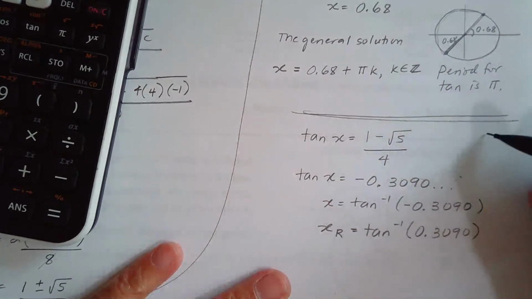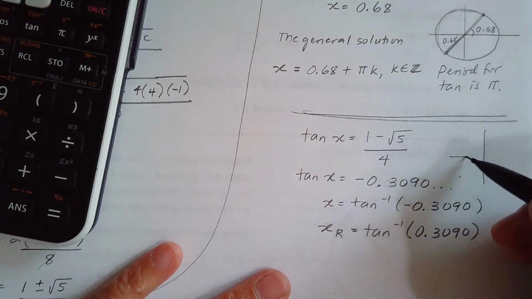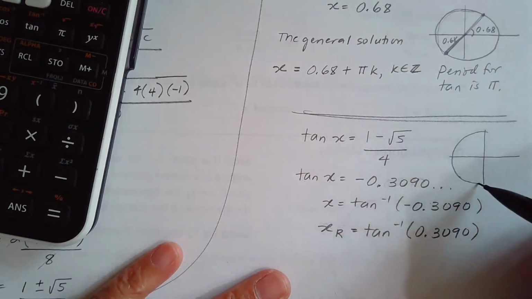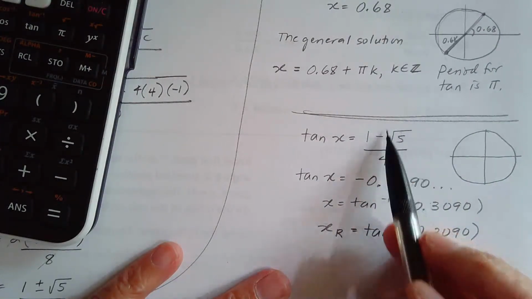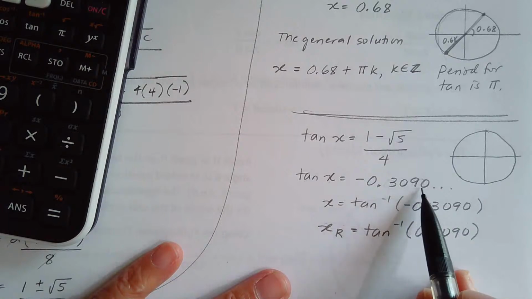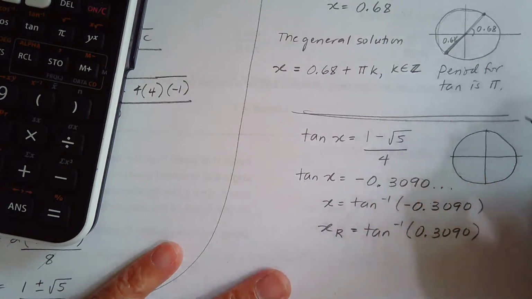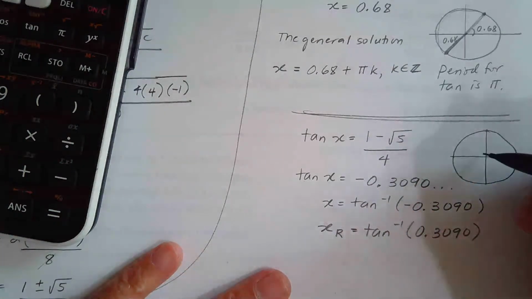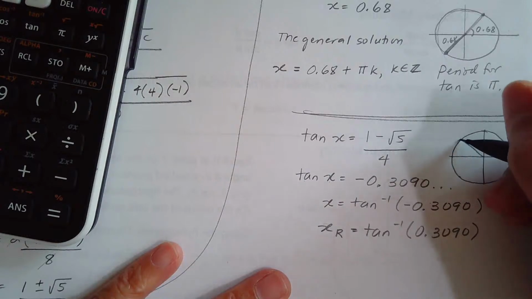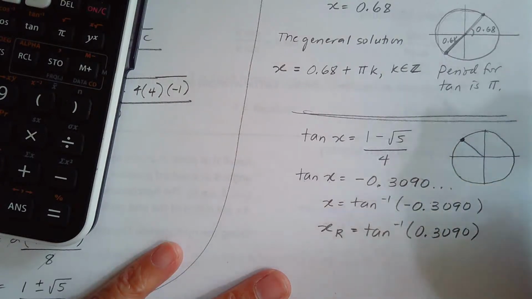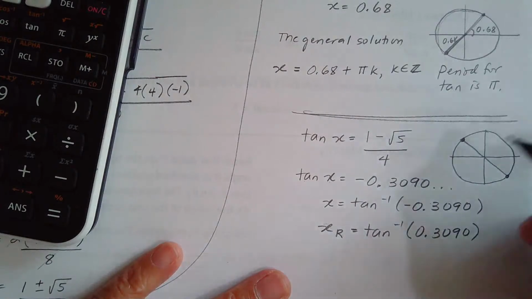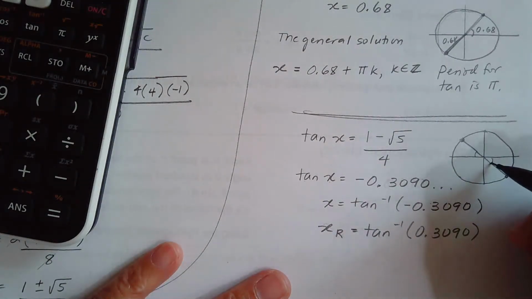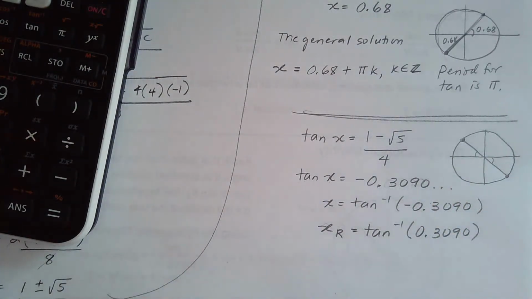And why do I need a reference angle? We said that the tan of this value is some negative number. Because this is a negative number, where is tan negative? Tan is negative in quadrant 2 and quadrant 4.